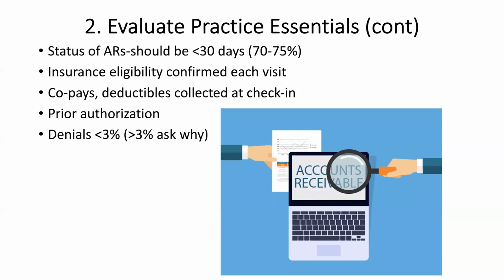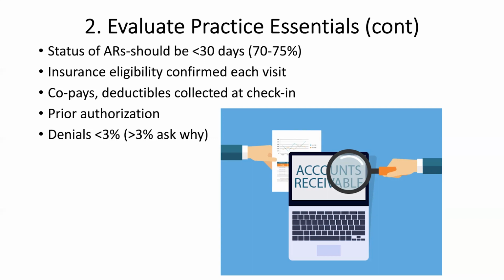We have to look at the accounts receivable. The majority of the accounts receivable should be less than 30 days. We have to concern ourselves with whether insurance eligibility is obtained at each visit, and the co-pays and deductibles are collected before the patient is seen by the physician.